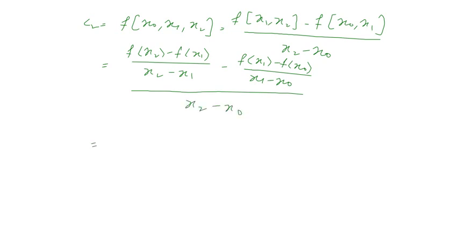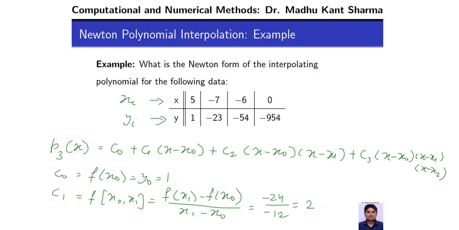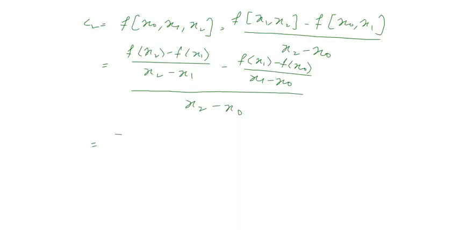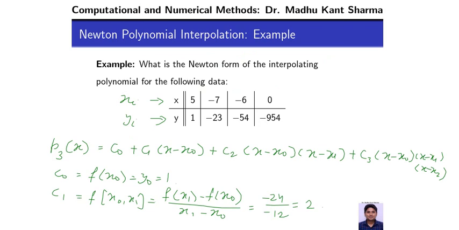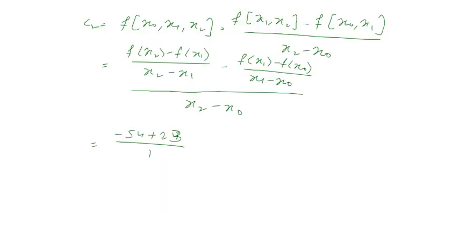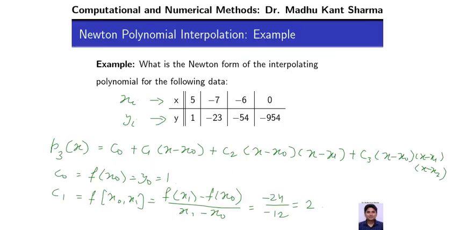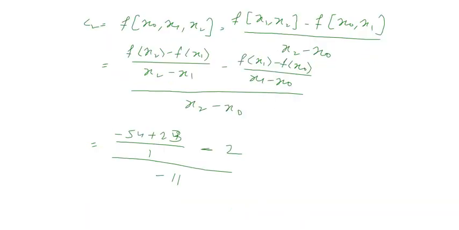So f of x2 is minus 54, and minus minus is plus 23. So minus 54 plus 23, divided by x2 minus x1, so minus 6 plus 7 is 1, minus f of x1 minus f of x0. So that is c1 only, that is 2, divided by x2 minus x0, that is minus 6 minus 5, which is minus 11.